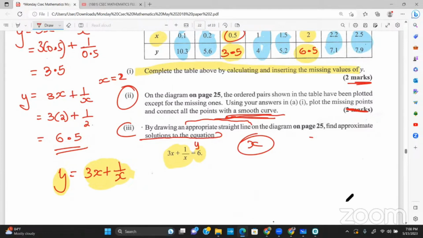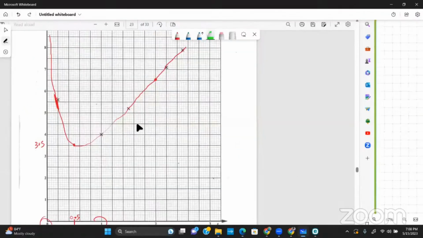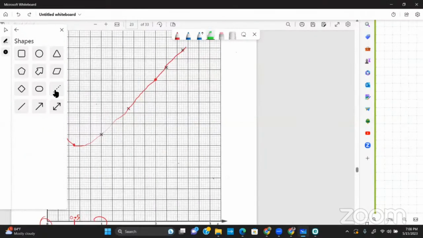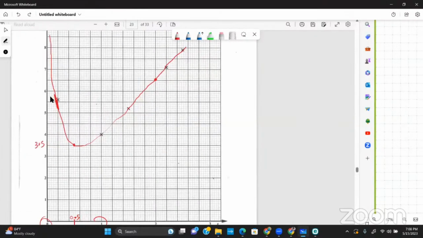So watch this now. We're going to take a line out, and we're going to go where 6 is, there it is, and you're going to draw that properly. They did say use appropriate lines. I'm going to change the color for you to see it a little bit clearer.